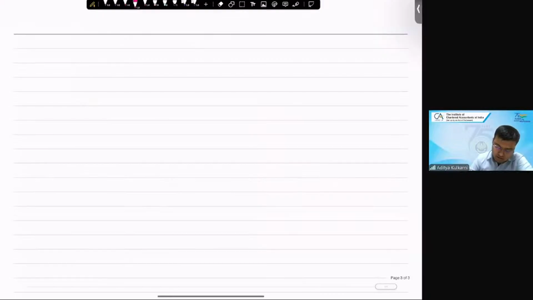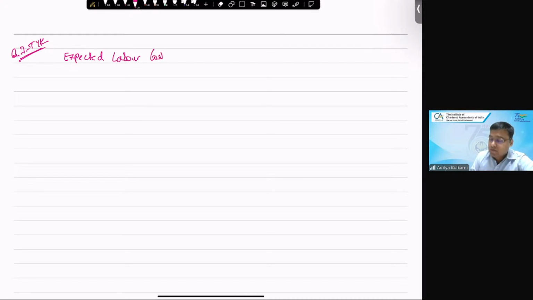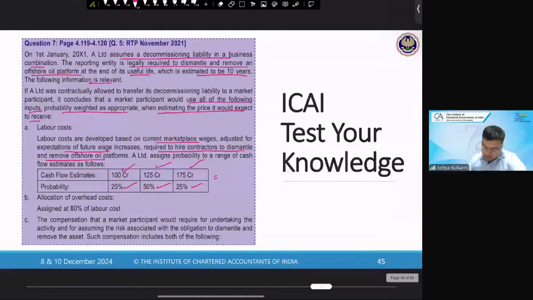This is question 7. Test your knowledge. Expected labor cost. How am I going to determine this?